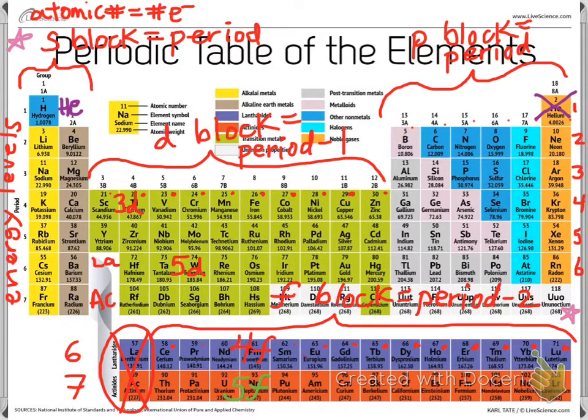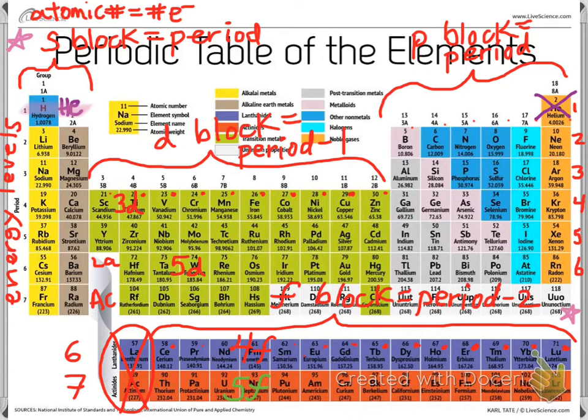The first orbitals in terms of energy that I come to are 1s. Here are my 1s, and notice I'm out of electrons.